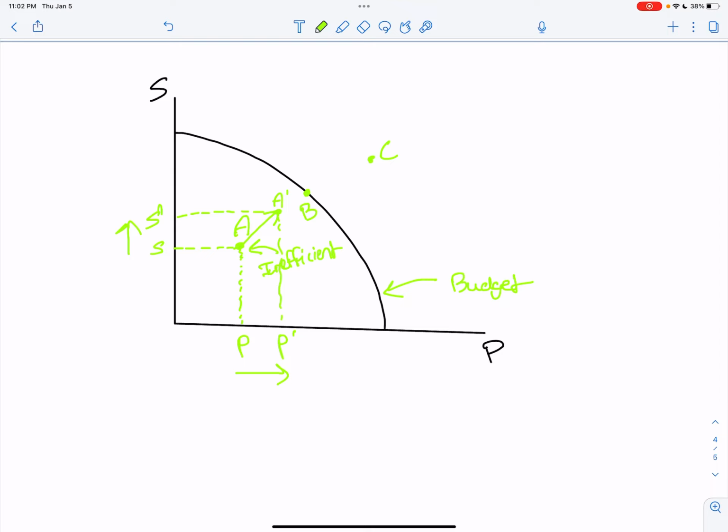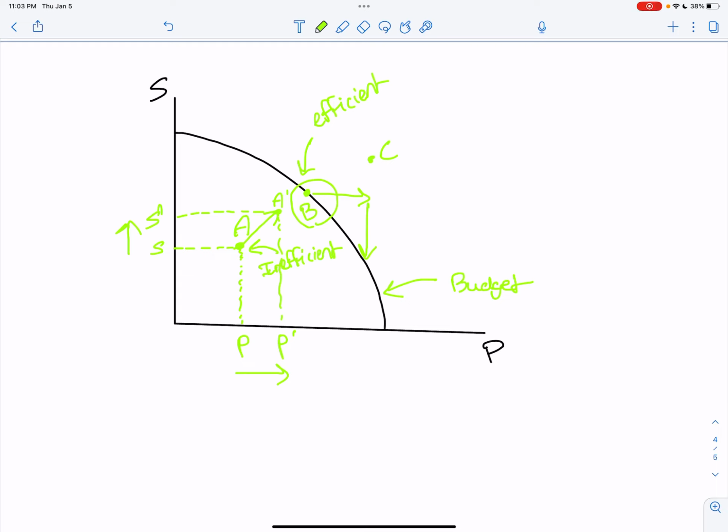Okay, how about B? Well, B is efficient because it's right on the PPF. It's right on the budget line. The society is spending its entire budget to produce this combination of parks and stadiums B. If it wants to get more parks, so in other words, it wants to move that way, it must give up stadiums.